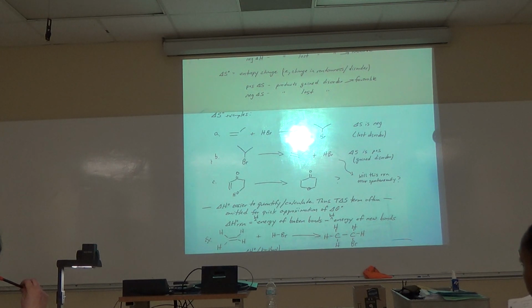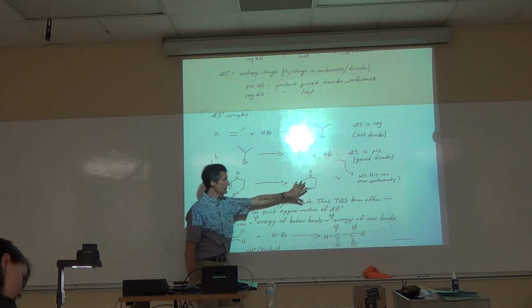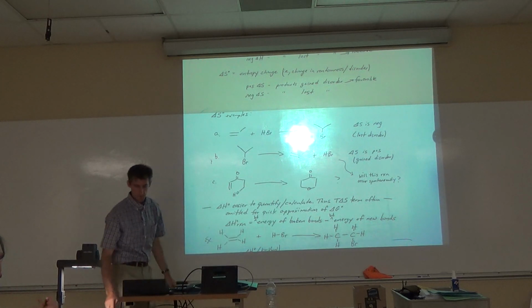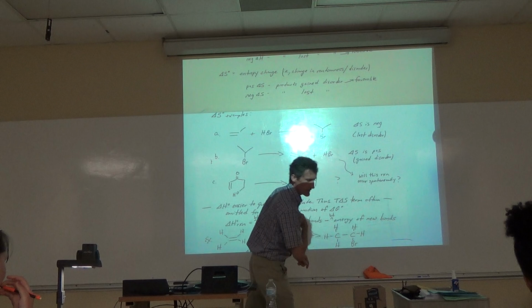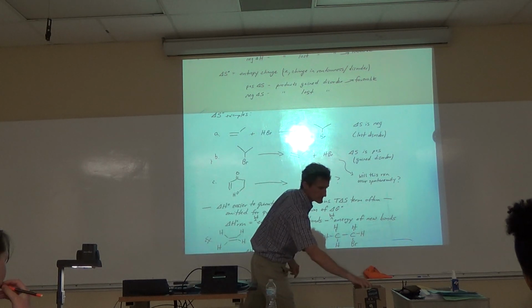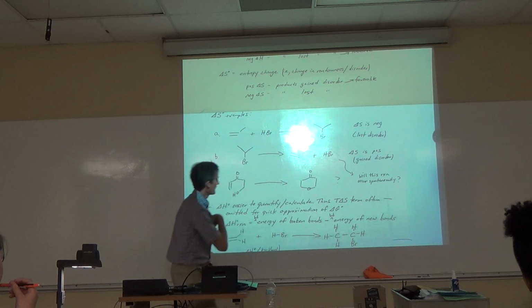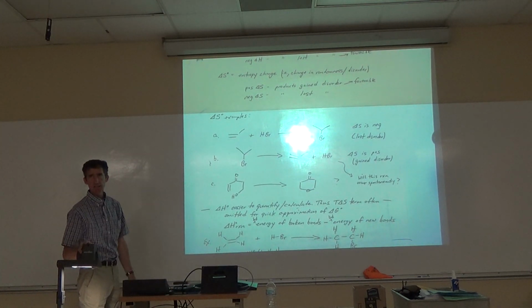I cannot move as much. Okay? We have decreased the randomness here by making a ring. Delta S would thus be what? Delta S would be negative, right? Okay? That's assessing delta S.